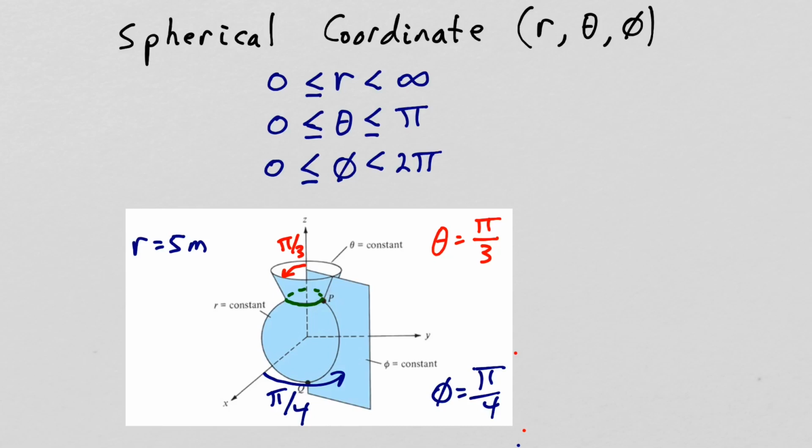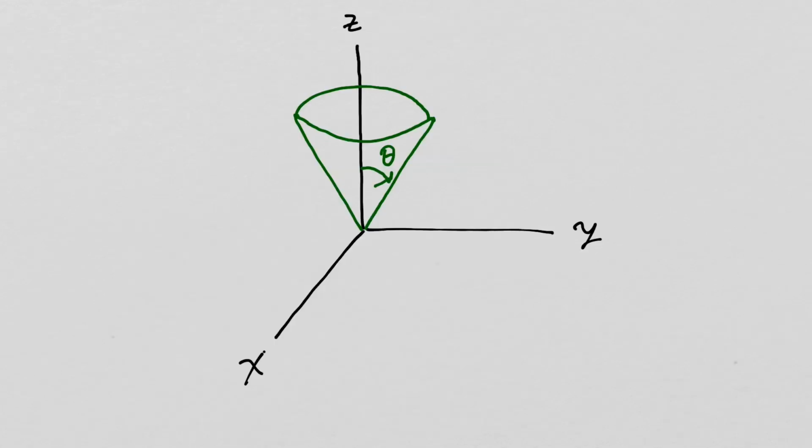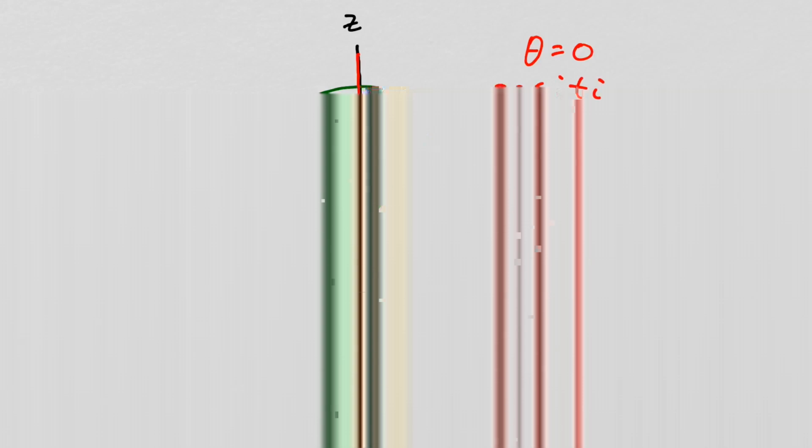Here is the conical surface defined by theta. If theta goes to 0, so as this angle gets smaller, we see that this cone will collapse and eventually just be the positive z-axis. So when you say theta is equal to 0, it defines the positive z-axis.